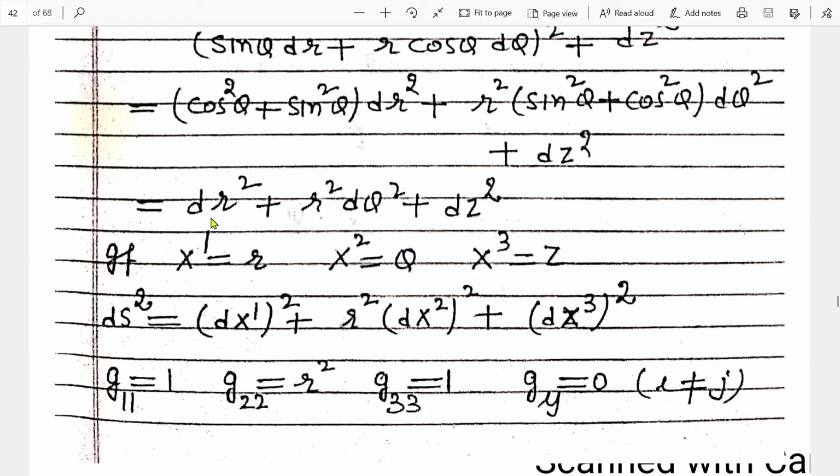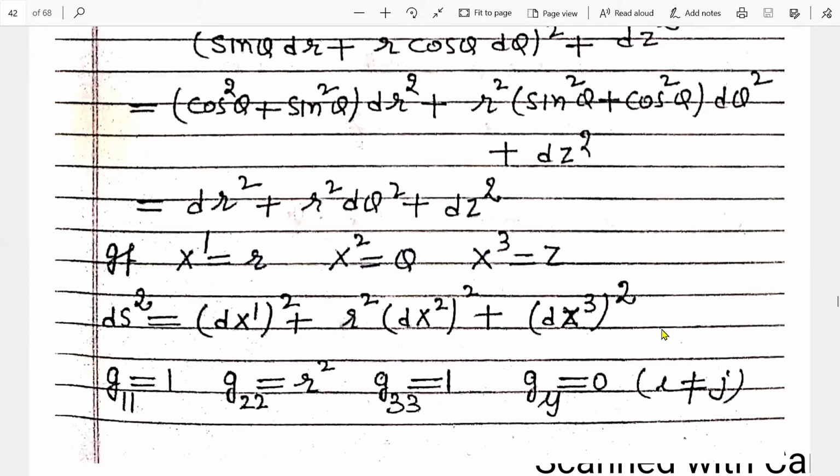If we take the first coordinate r, second coordinate theta, and third coordinate z, this equation is converted into this form. In this equation only the diagonal entries are non-zero and the other entries are zero. When we compare this equation with Gij dxi dxj, we get only diagonal entries, G11, G22 and G33.